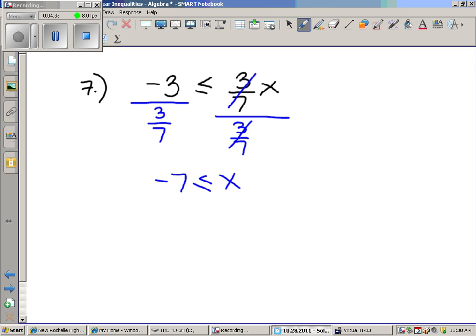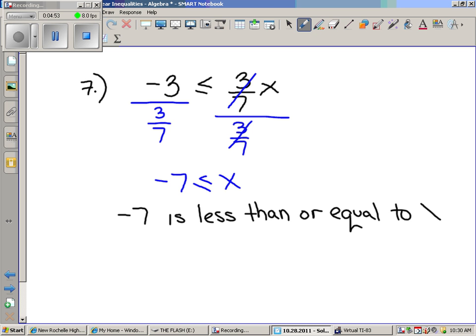Now let's read that. Right? -7 is what? Yeah, less than or equal to. Let's plot down our number line.